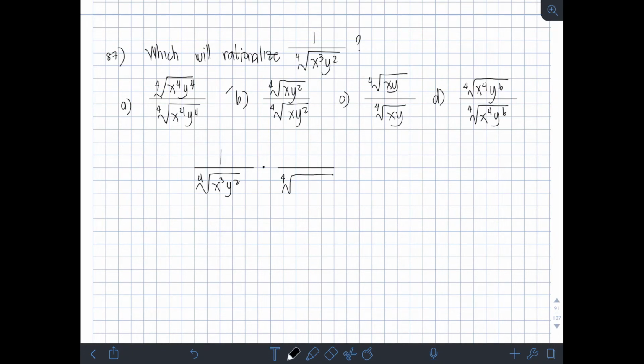So, dapat, same index, ang i-multiply natin sa denominator, so 4.